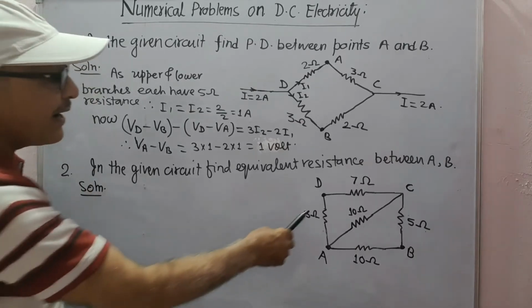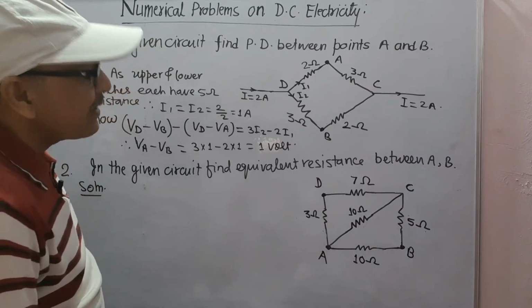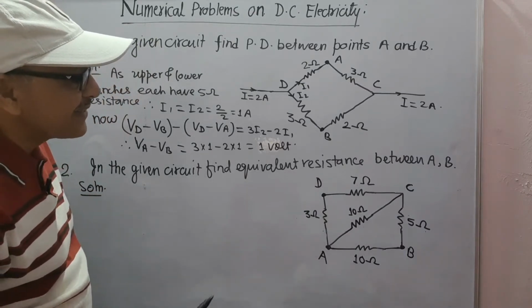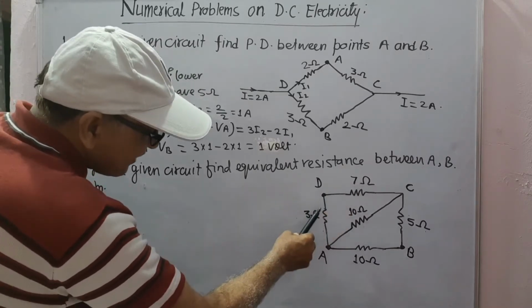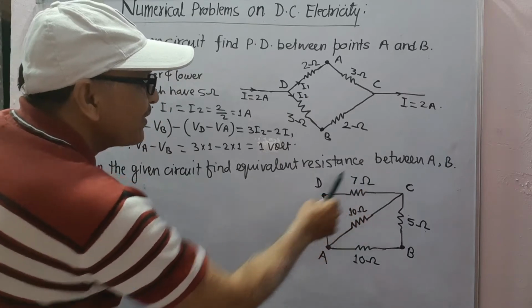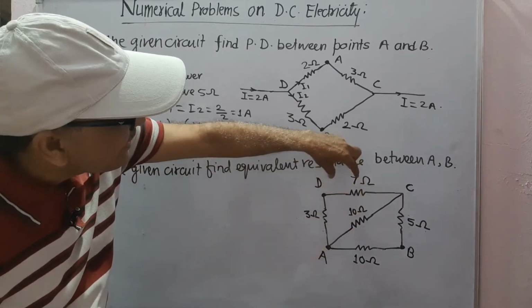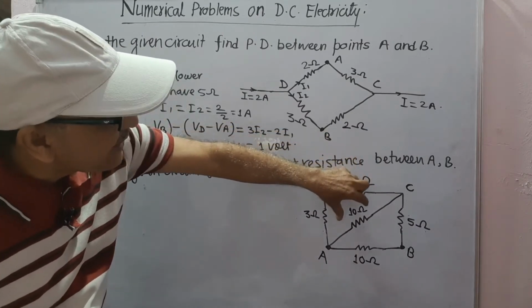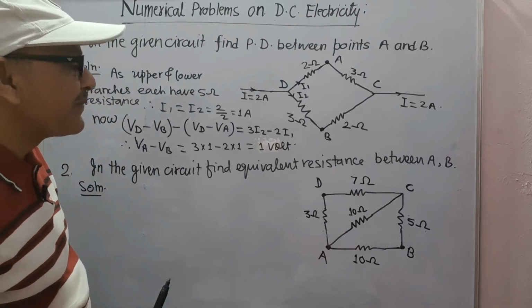Here in this branch, 3 ohm and 7 ohm resistances are in series. Therefore 7 plus 3, 10 ohm, is in parallel with this 10 ohm. So the resultant between A and C will be 1 upon 10 plus 1 upon 10, which is 2 upon 10, that is 1 upon 5.